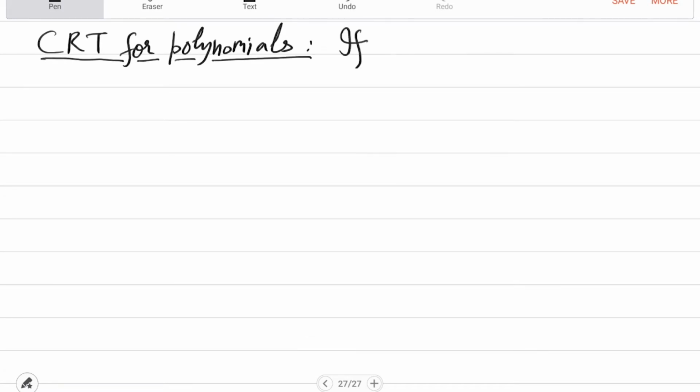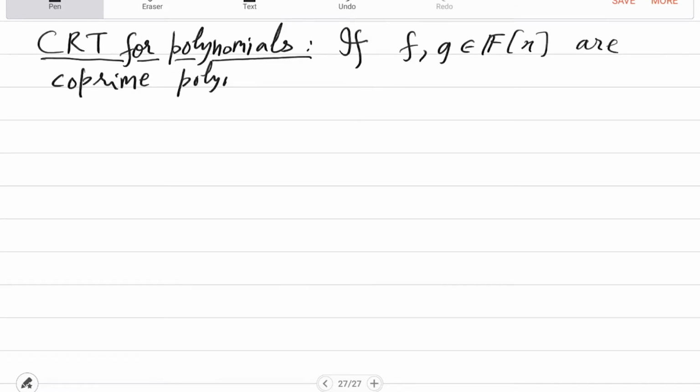So if f and g over a field F in one variable x, so these are univariate polynomials, are co-prime, then like before, you have to look at the factor ring, which will be the polynomial ring modulo f, the ideal.